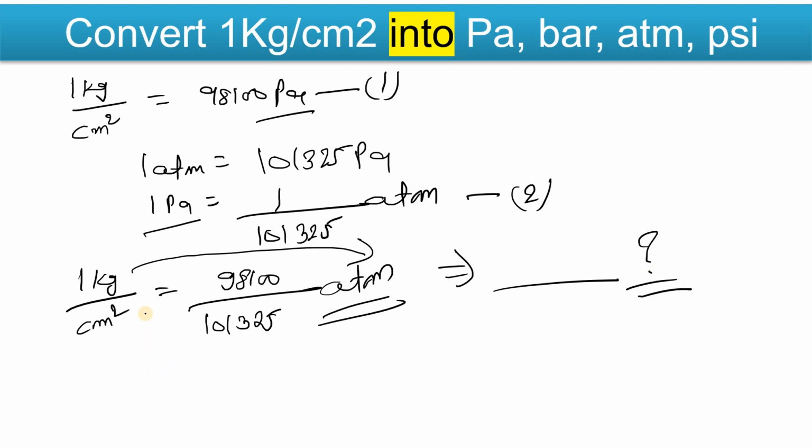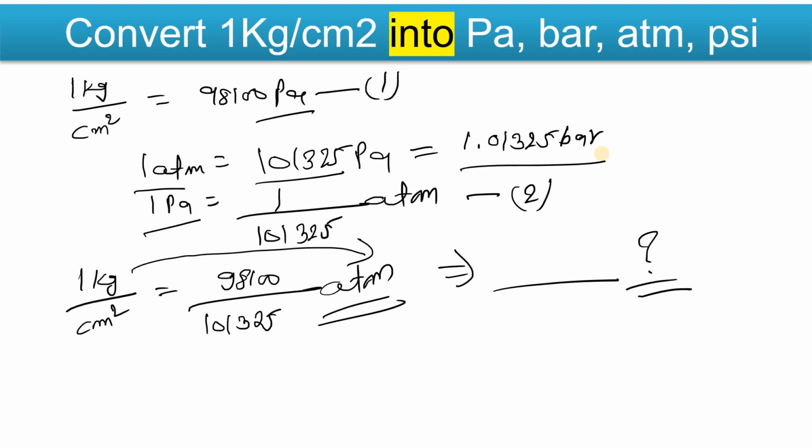Now you also know that 1 atmospheric pressure is equal to this Pascal value and it is also equal to 1.01325 bar. Okay, this unit you also know. So now if you want to convert 1 kg per centimeter square into bar, what are you going to do?